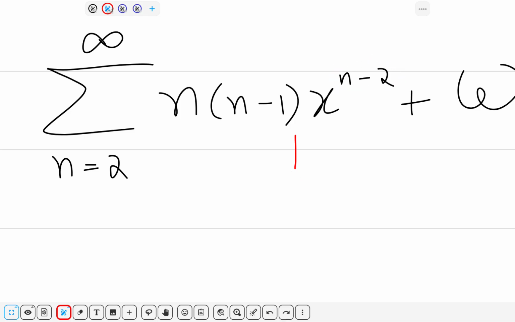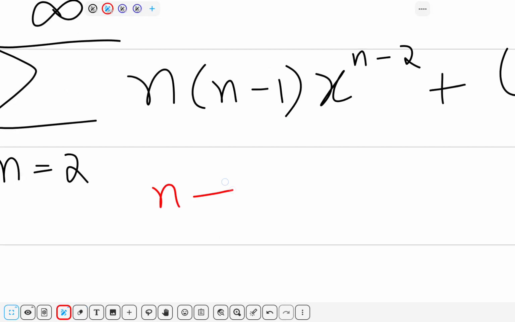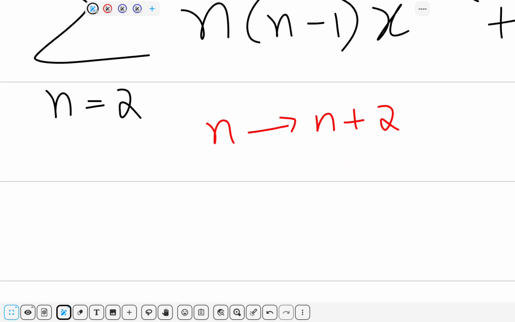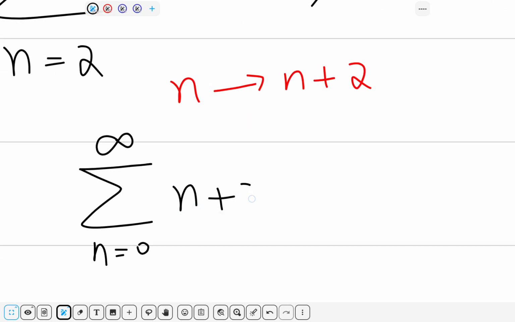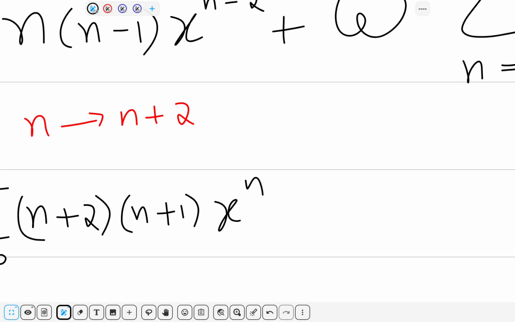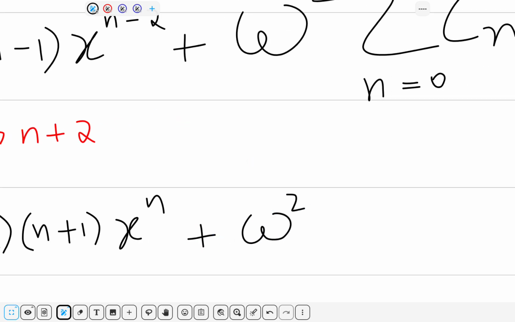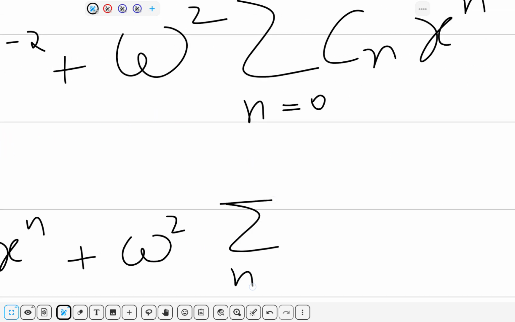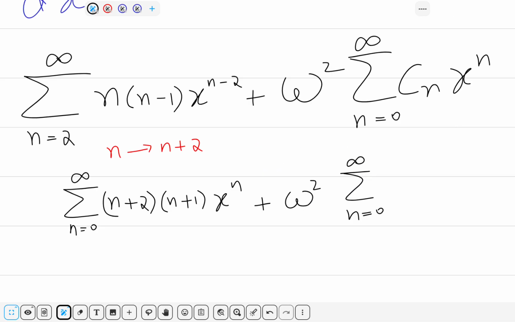So the very nice and neat thing about this is, wherever I see n, I will just shift it by n plus 2, and everything will be perfectly the same, nothing will change. So I will just write n equals 0 to infinity, so n plus 2, and this will become n plus 1 of x power n, plus omega square summation n equals 0 to infinity.